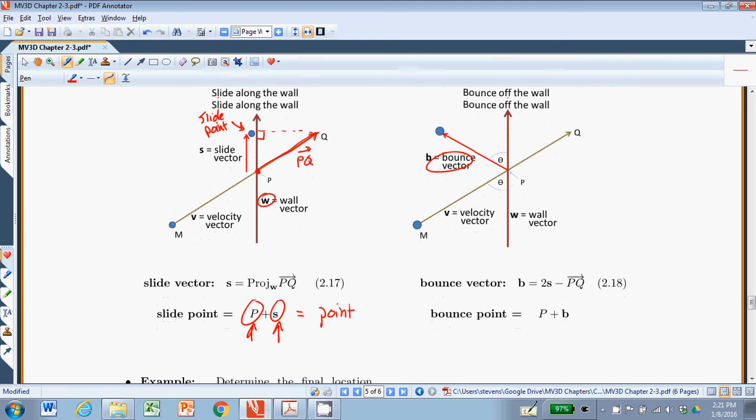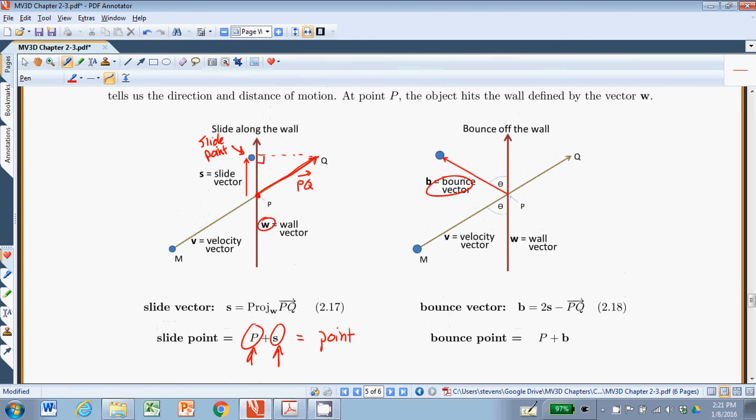Now, if I want to get this bounce response, it's a little trickier. I'm going over here, and I'm going to bounce. We want our bounce vector here, which imposes that these two angles, the incoming angle and the outgoing angle, are the same. The easiest way to get this bounce vector is to think about this slide vector first over here on the left.